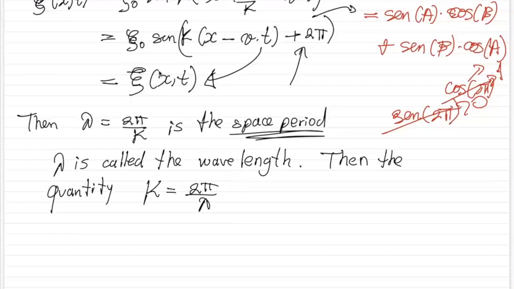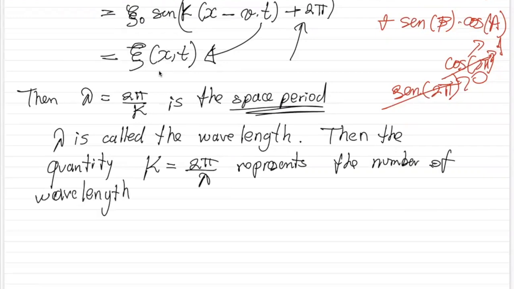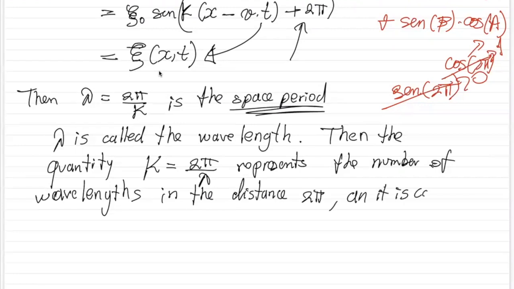It represents the number of wavelengths in the distance 2 pi, and it is called the wave number.